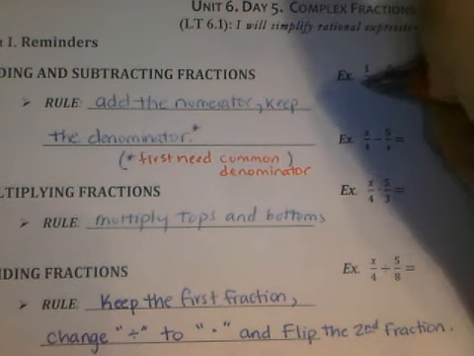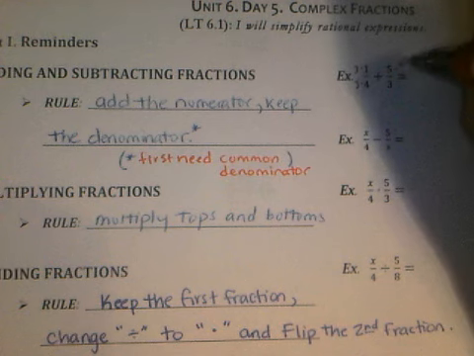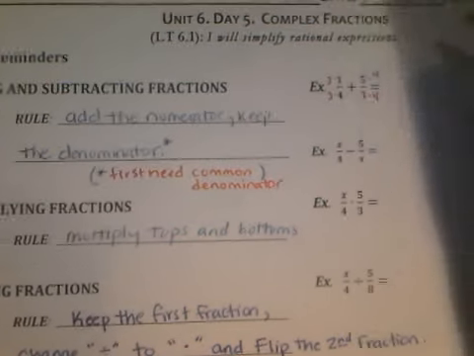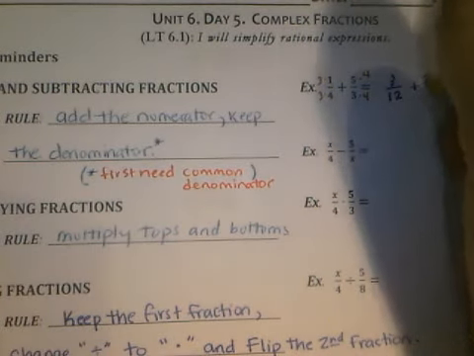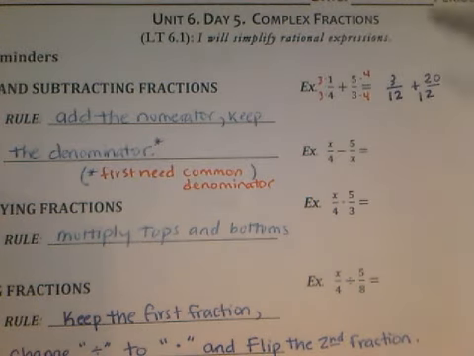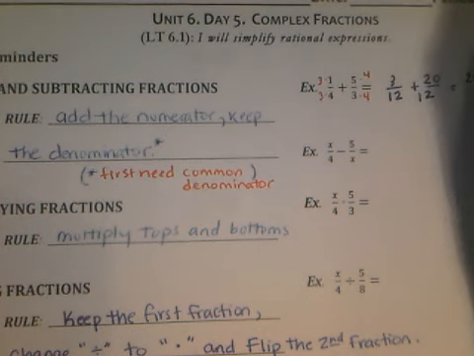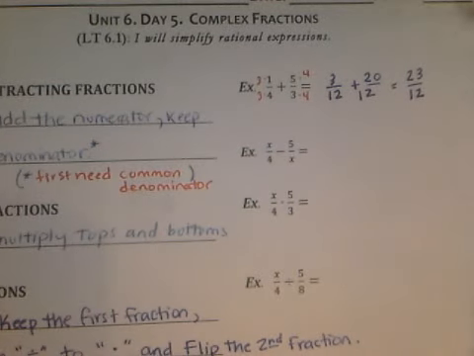And I would do that by multiplying 3 times the top and the bottom of the first, and 4 times the top and the bottom of the second fraction, so that it will turn into 3 over 12 plus 20 over 12. And now that I have the same denominator, I can go ahead and add straight across to get 23 over 12.